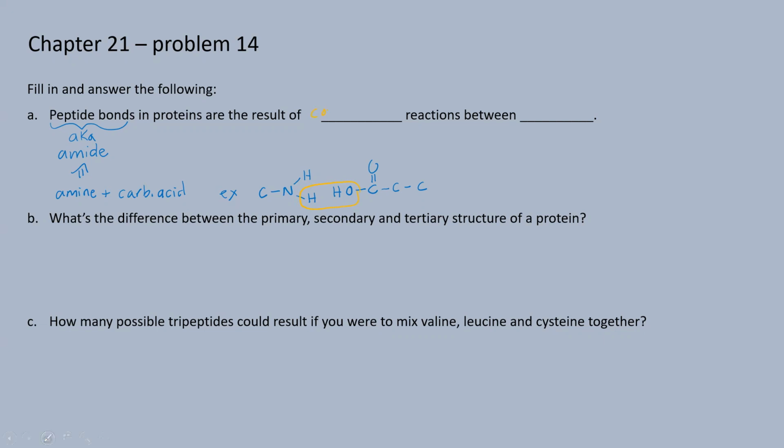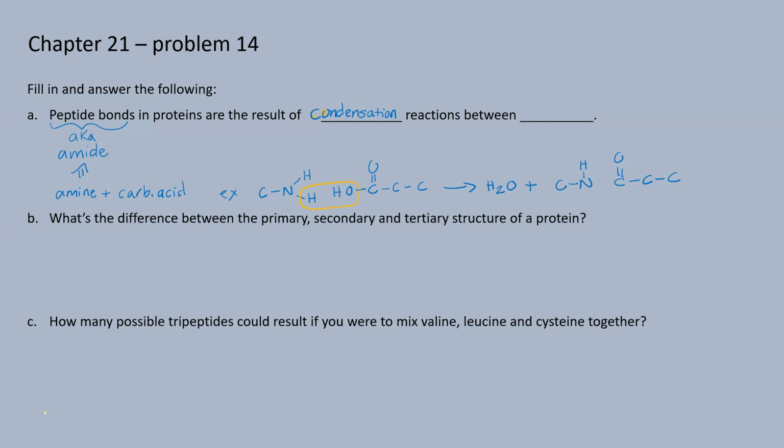Let me change it to a darker color. So I'm going to write out this product. We're going to get the water, and then we have the carbon with the nitrogen. He still has 1 hydrogen on him. And then we have the rest of the carboxylic acid.